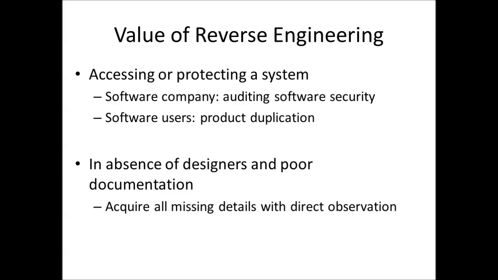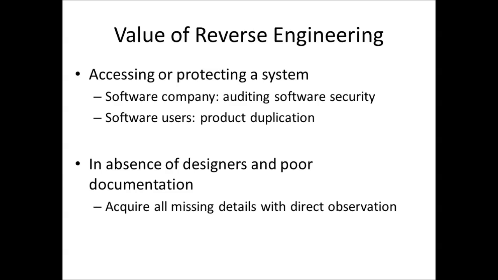Another example, from the user's perspective, is that if users are able to reverse engineer software or computer programs, they can use that software for purposes that it wasn't originally intended for by the manufacturers, or they can even use that reverse engineering knowledge to do illegal product duplication.